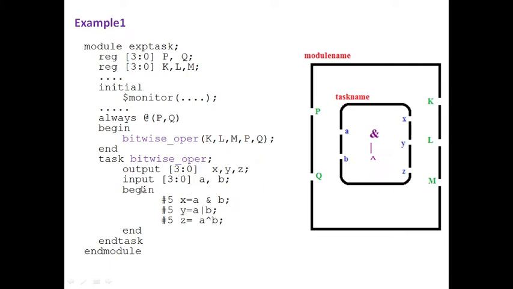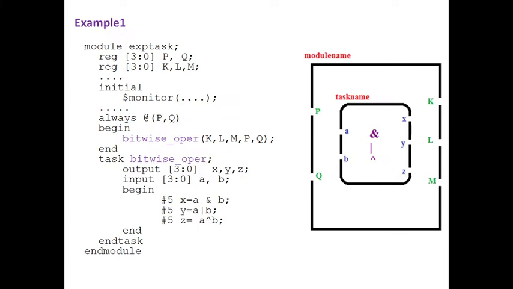Output reg [3:0] x, y, z; input reg [3:0] a, b. You might wonder, sir, you have taken P, Q, K, L, M, which are the input output ports for the module, and you have used some other different names for the arguments in your task. Why like that?